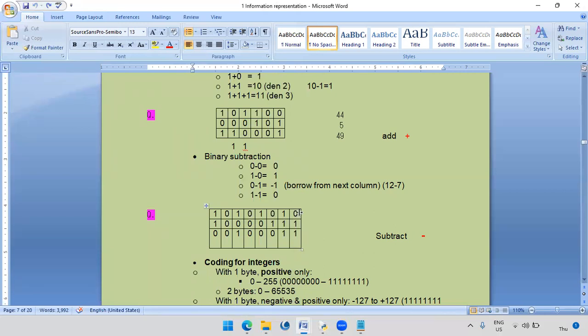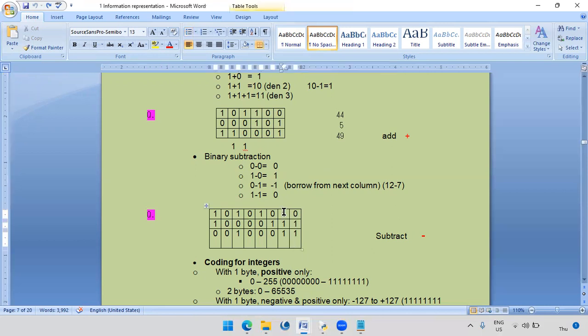It won't become 1. It will be 1, 0, because the column value here has to be taken into account. So this becomes 1, 0. And 1, 0 minus 1 is 1. That is what I showed you.